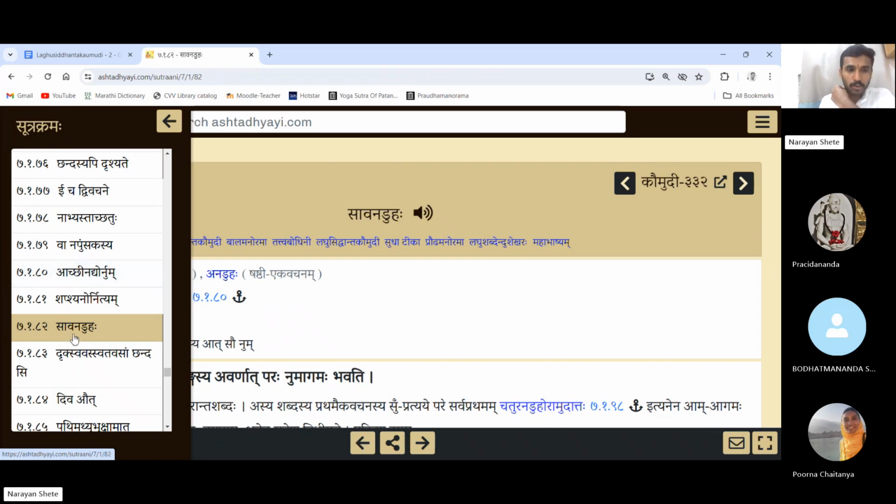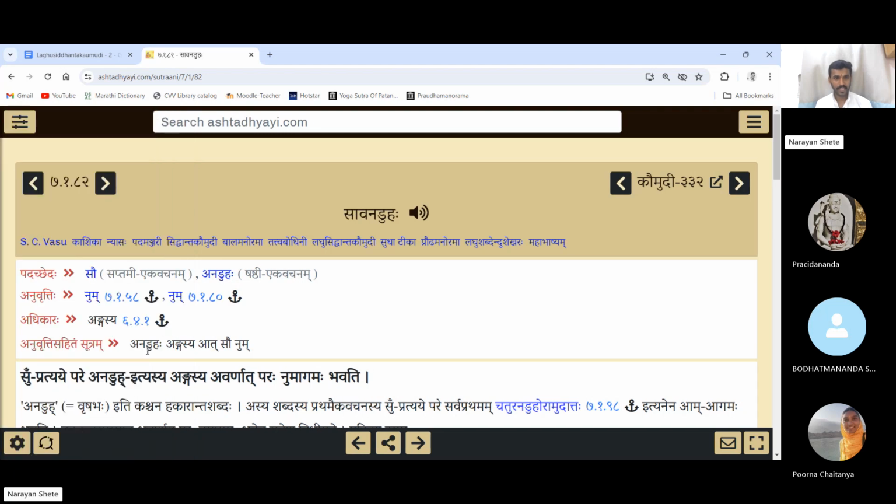Sau, anaduha at sau num syat. That will be the vritti. Here, anaduha angasya. Anaduha at, from the akara of anaduha shabda, sau pare sati kim syat? Num agamah syat.